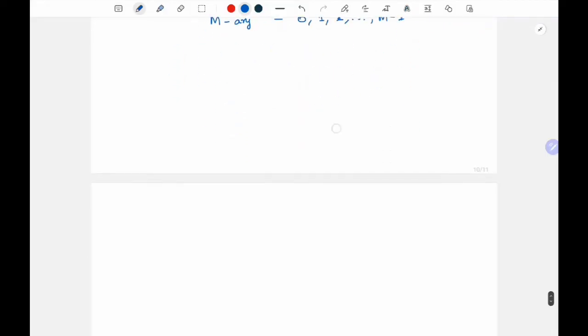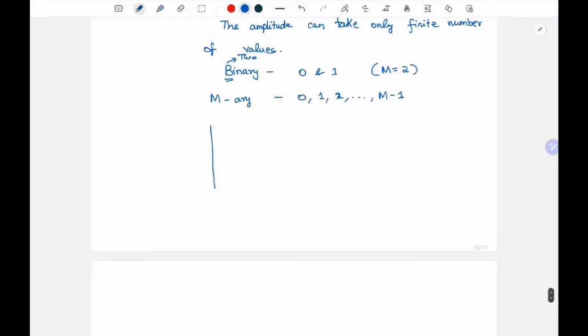So again, you can have a digital continuous time also. Digital continuous time. So you can see the signal itself is, let's say I can take only values 1, 2, 3 or 0, right?